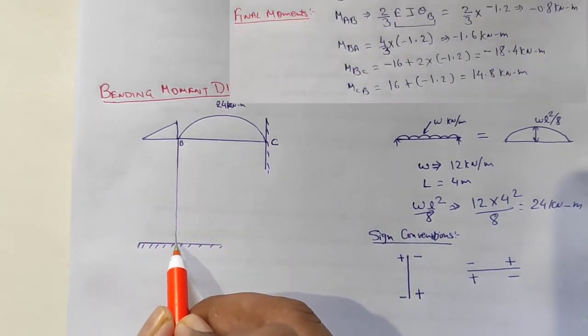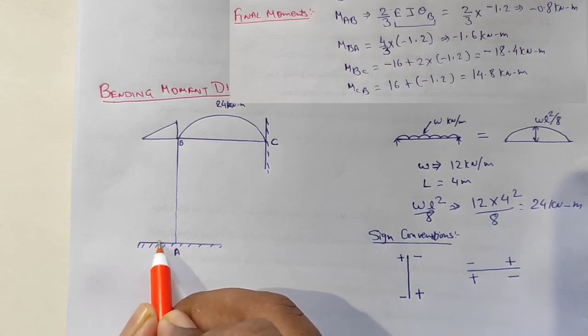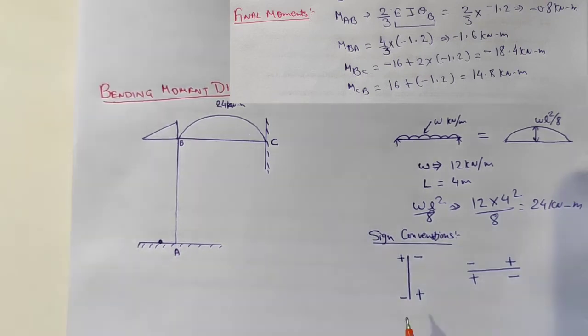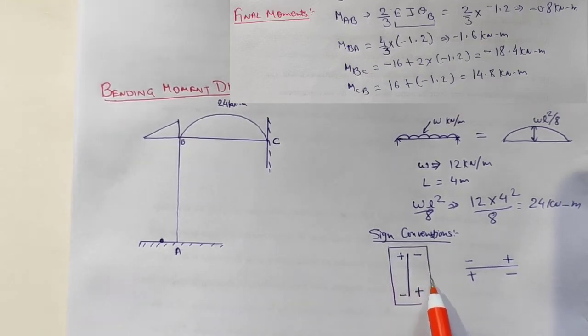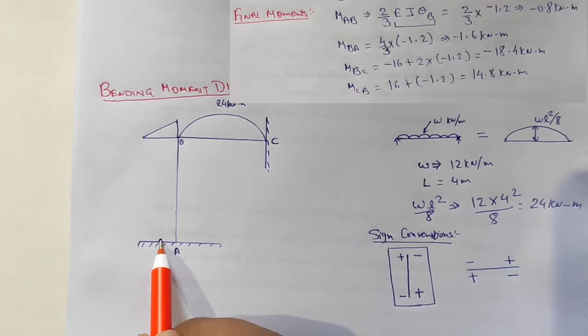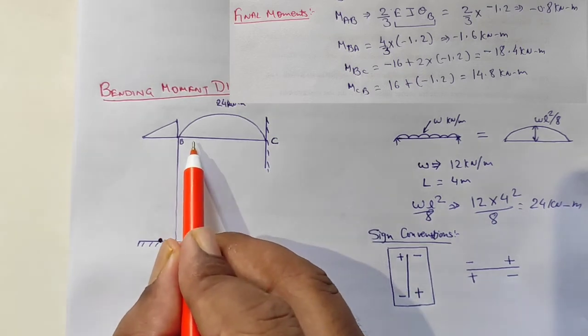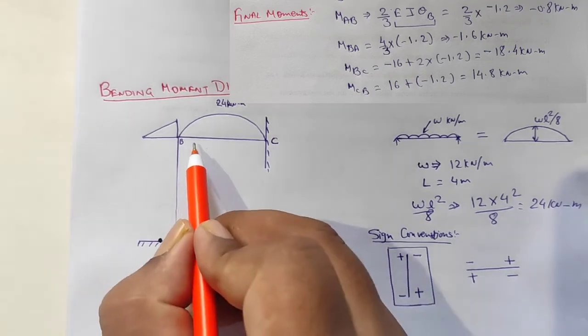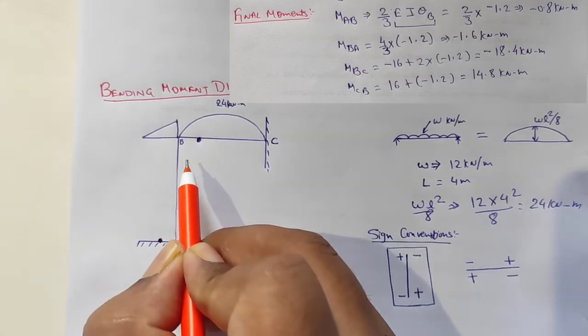As we have got the value of MAB as negative 0.8, it will be somewhere here, as I have to put the value according to the sign convention for this member. So negative 0.8 will be somewhere here. Similarly, my moment will be shifted towards the right side, as the value of MBA is negative 1.6. So my value will be somewhere here.